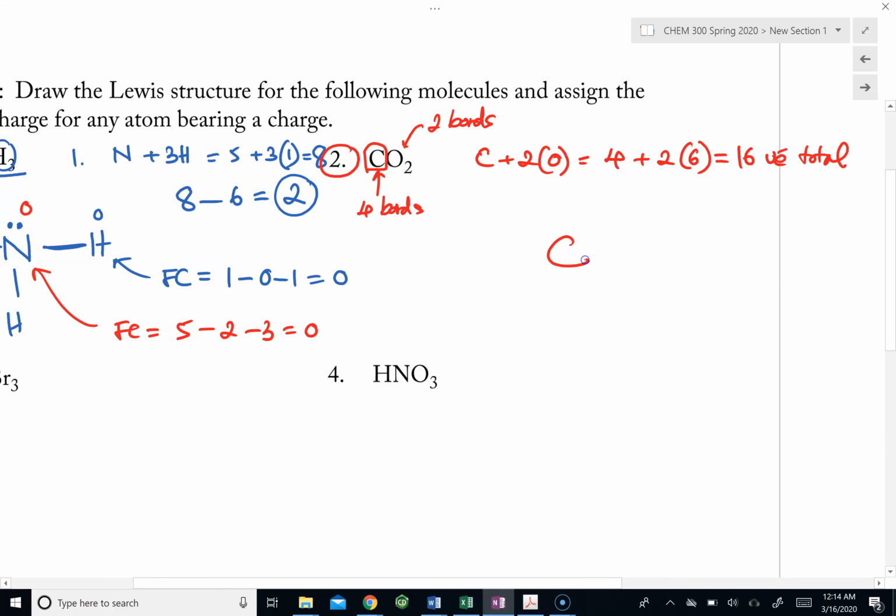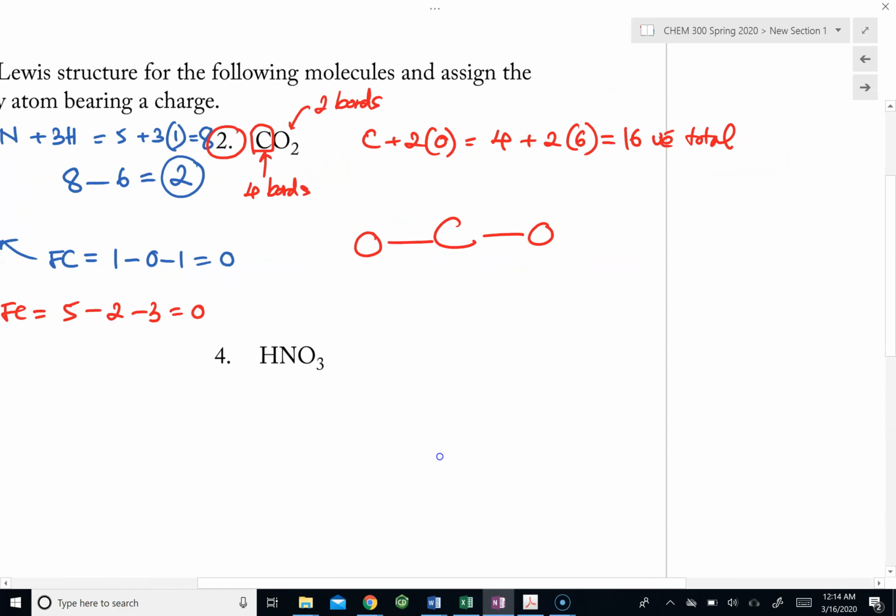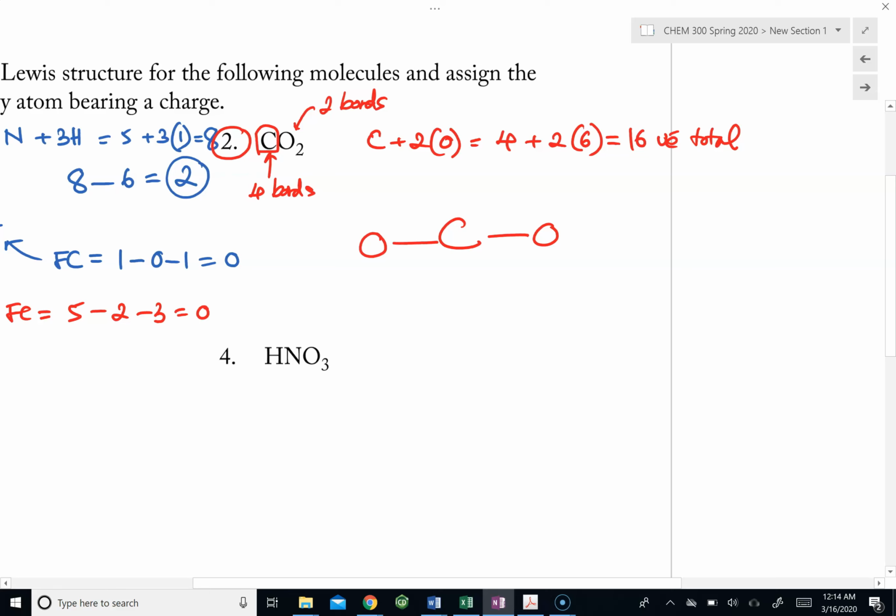We're going to draw it first. And now we have 2 terminal oxygens, so again, we need to connect these symmetrically to the central carbon. And that will be our skeletal structure. As we form this skeletal structure, we are using 4 electrons, so we drew 2 single bonds. And that would then give 12 remaining electrons.